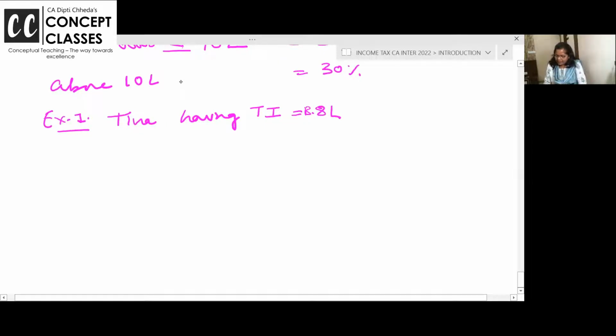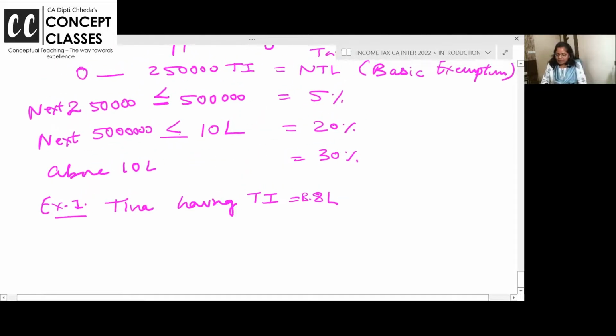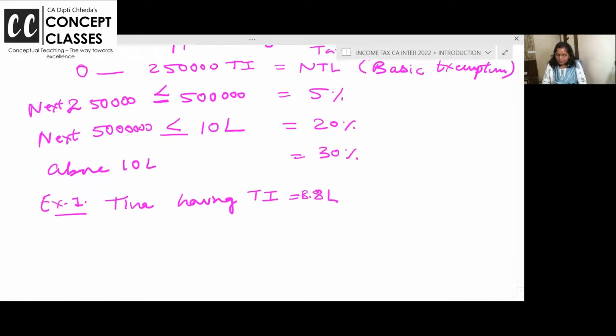Now, someone may be thinking, ma'am, 8 lakhs, 5 lakh to 10 lakh, on whole income 20%, no. If you do 8 lakhs pay 20%, in our income tax language, like there is a language called Gujarati, Marathi and Telugu, like that there is a language of income tax. When you study this subject for 150 hours, you will understand the language of income tax.